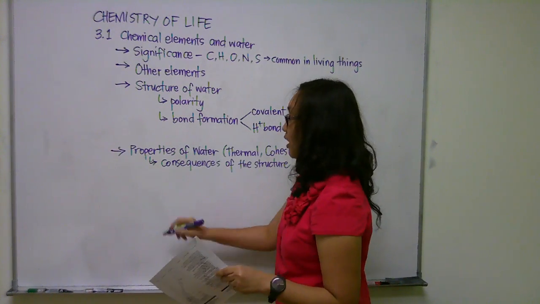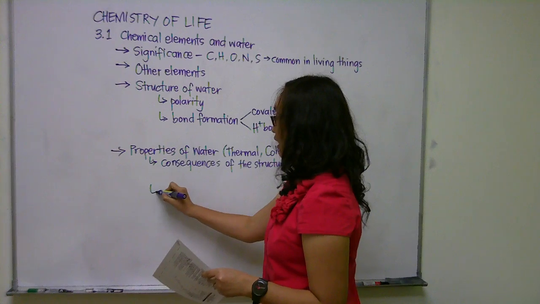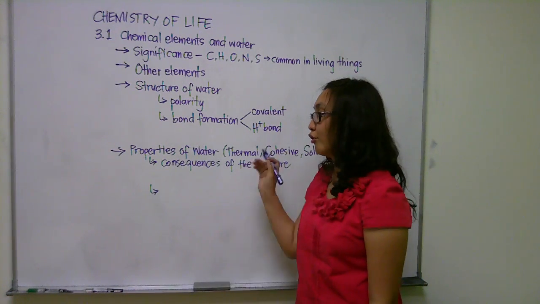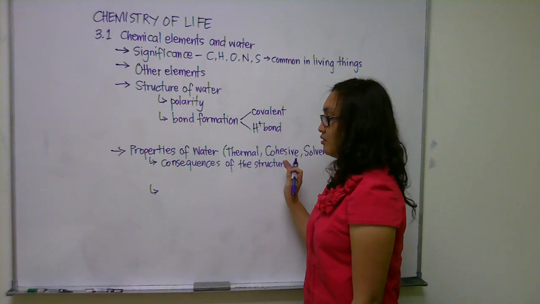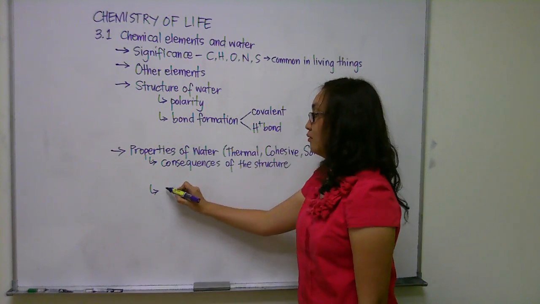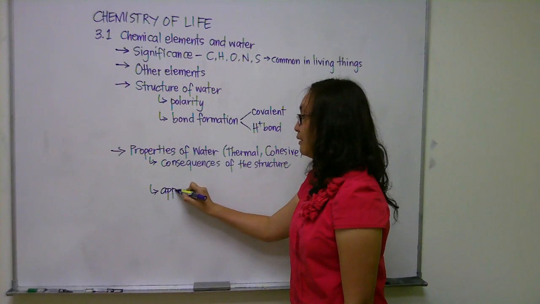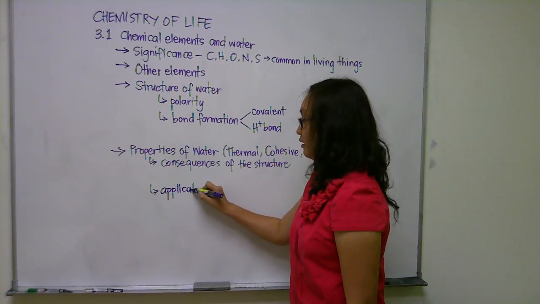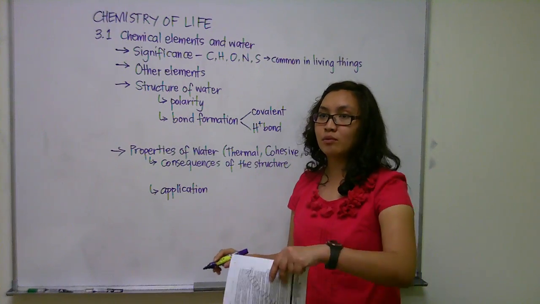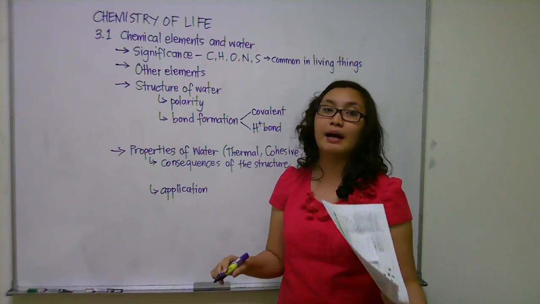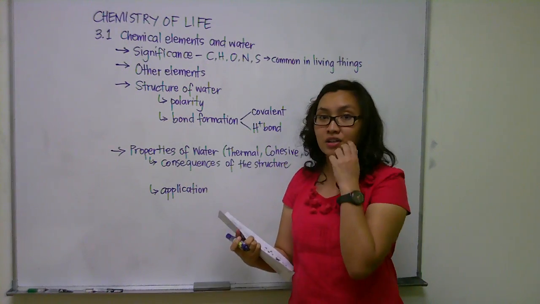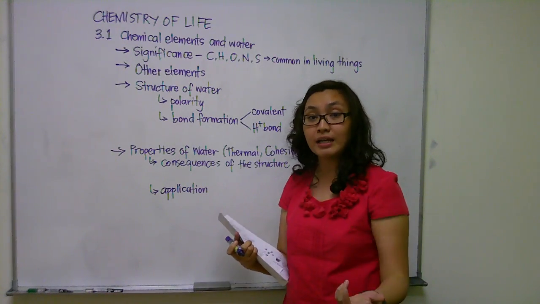Okay, so under the properties as well, apart from explaining the theory part or the chemical structure and the consequences of the structure of water, we have to include the application of this. Since water molecules are held together by hydrogen bonds, we have to include that this hydrogen bond is very difficult to break.